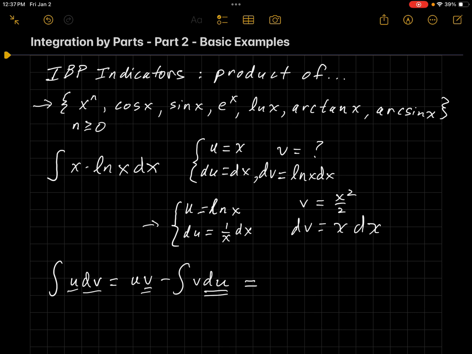Now, if I plug into my equation below, I get the integral of u dv is u times v. I'll put the v first, x squared over 2 times natural log of x, minus the integral of v times du. If I multiply v and du together, one of the x's will cancel, and I'll end up with x over 2 dx, which is a very solvable integral.